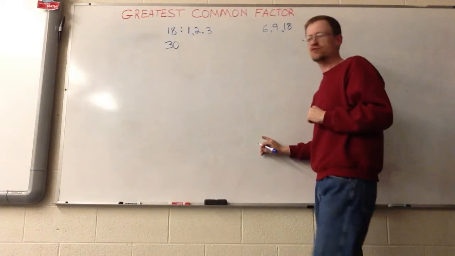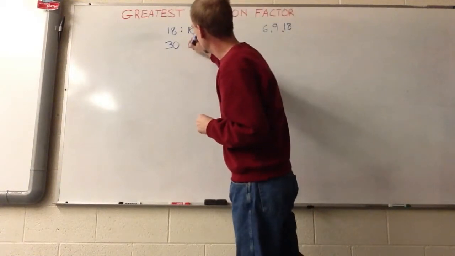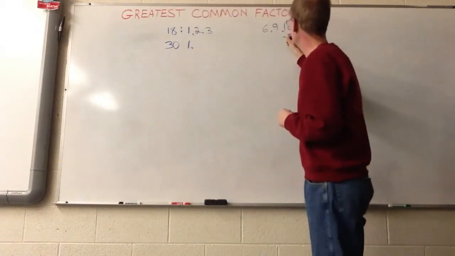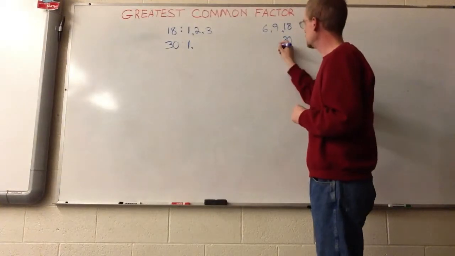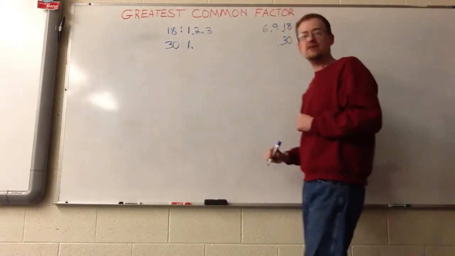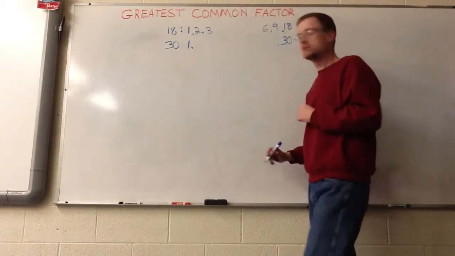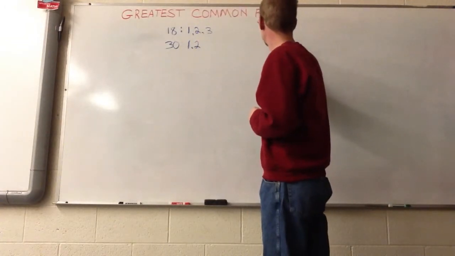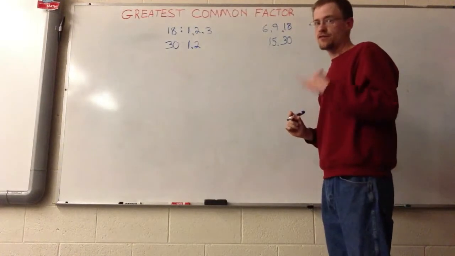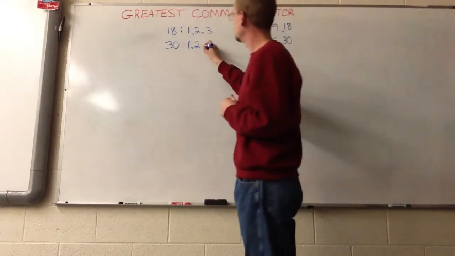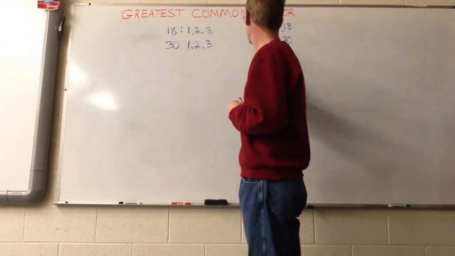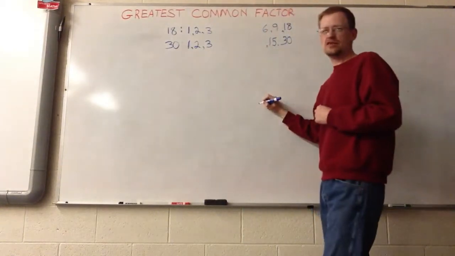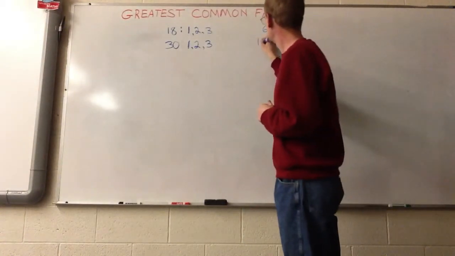Let's think of the factors for 30. Let's start with 1 and 30. Okay? 30 is an even number, so it divides by 2. So we have 2 and 15. Okay? 30 is divisible by 3. 3, and let's see, 30 divided by 3 is 10.